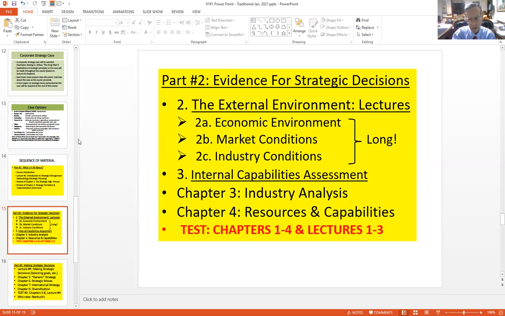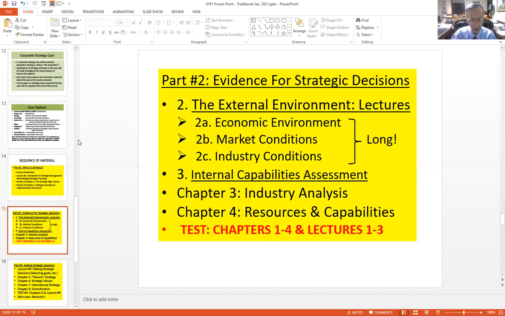Chapter 3 is good, but it's not going to cover as much as I will in my lecture on industry conditions. Sadly, because so much has been left out, those lectures 2A, 2B, and 2C are long. I think the first one may go for 2.5 hours.